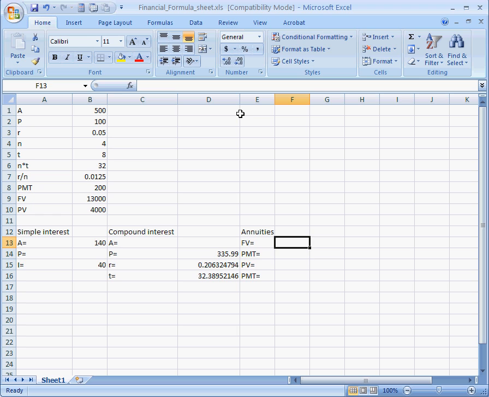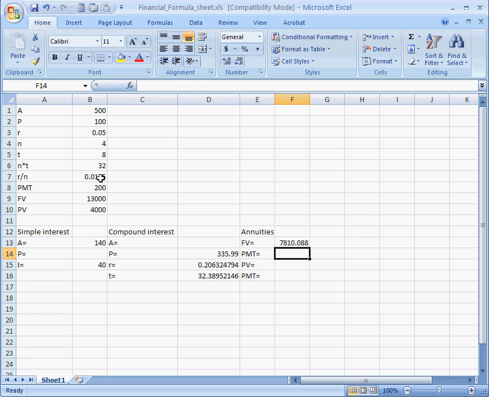The last couple of formulas I'll do for you are the future value of an annuity. I'll do this a little more slowly, though you may want to pause the screen when the whole formula is on there. The future value of an annuity should be equal the payment times the quantity for the numerator, and then the quantity for the first part that's in the raised to a power, 1 plus R over N raised to the NT minus 1, close parentheses, divided by R over N. Alright, that should give me the future value of the annuity for these values.